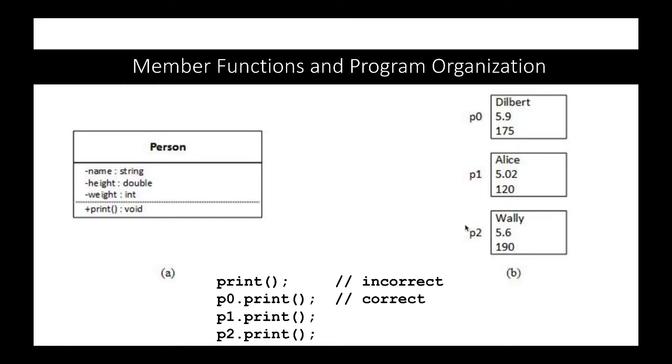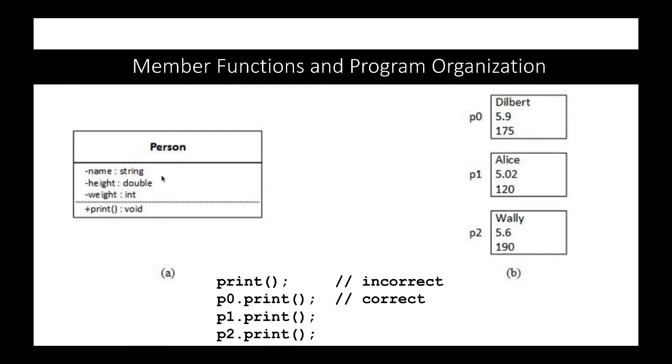So we would say the name of the variable, and then we'd use our dot operator, and then we would call print. Now, one thing that is unique that I want to mention about member functions of a class is that these functions have access to these variables.